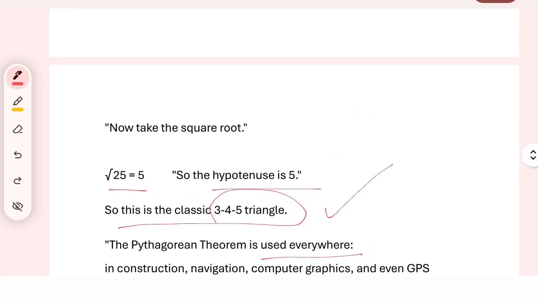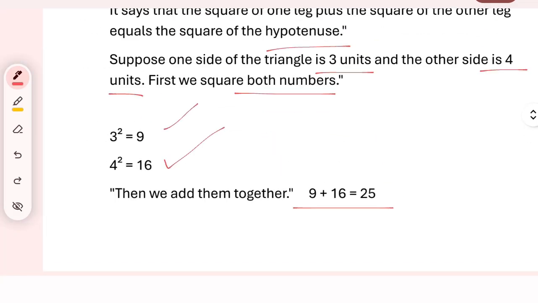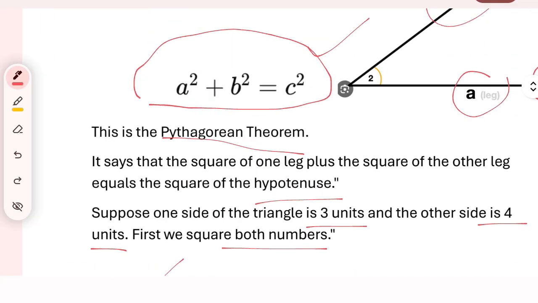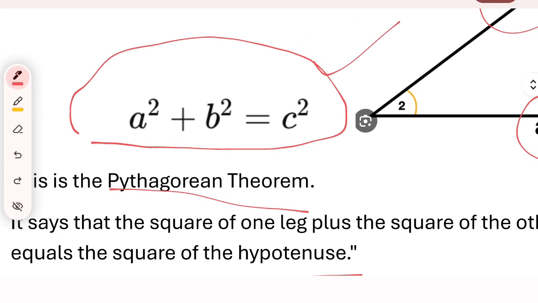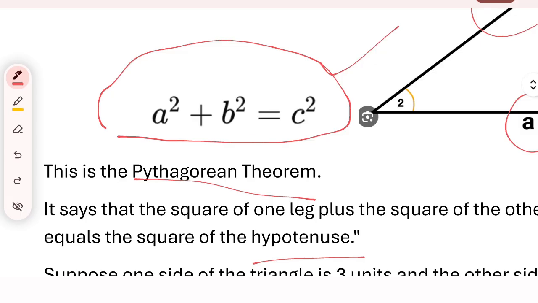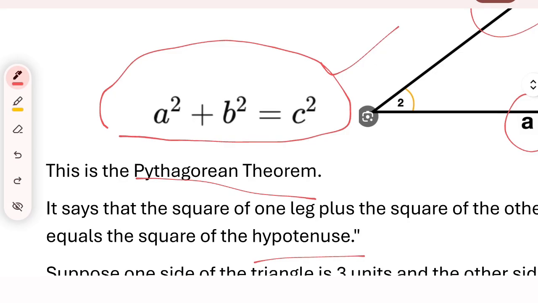All you need to do is remember A squared plus B squared is equal to C squared. And that is the Pythagorean theorem. Remember, the square of one side plus the square of the second side, you take the square root of that sum, and the answer is the longest side of the triangle.